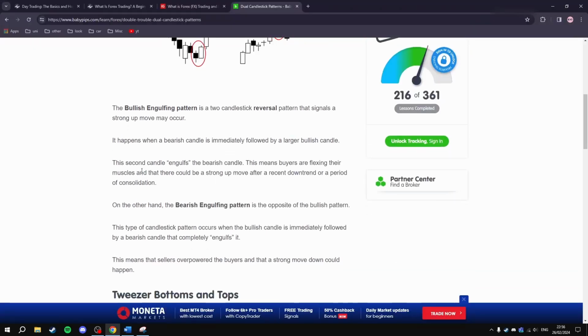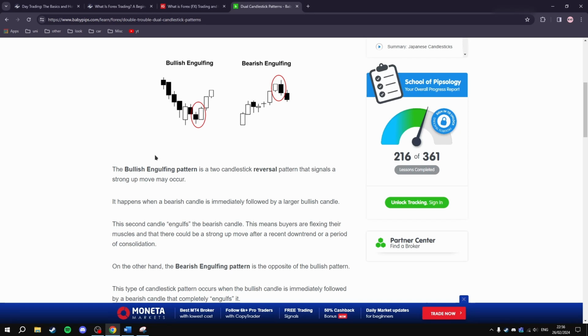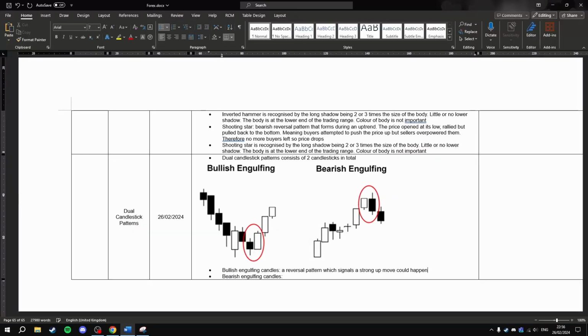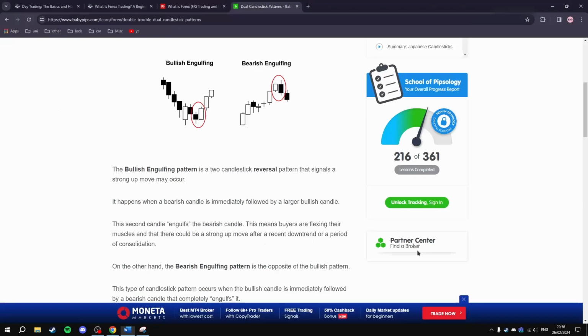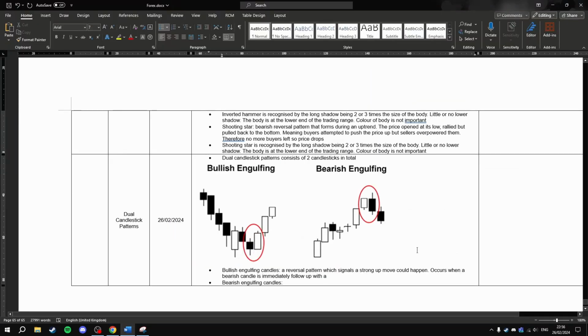It occurs when a bearish candle is immediately followed by a larger bullish candle.